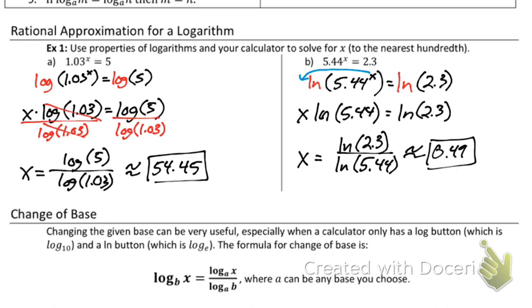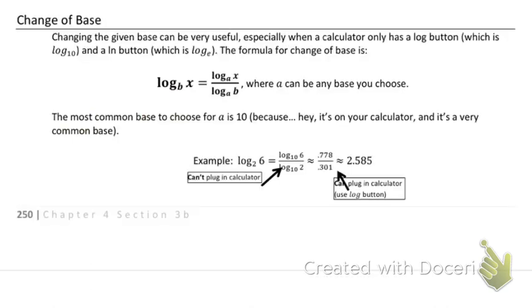And that leads us to our next section, which is changing the base. Since ln of 2.3 over ln of 5.44 is the same thing as log of 2.3 all over log of 5.44, that means we can change bases. If we get the same answer out, changing those bases, we can use that to actually come up with a formula.